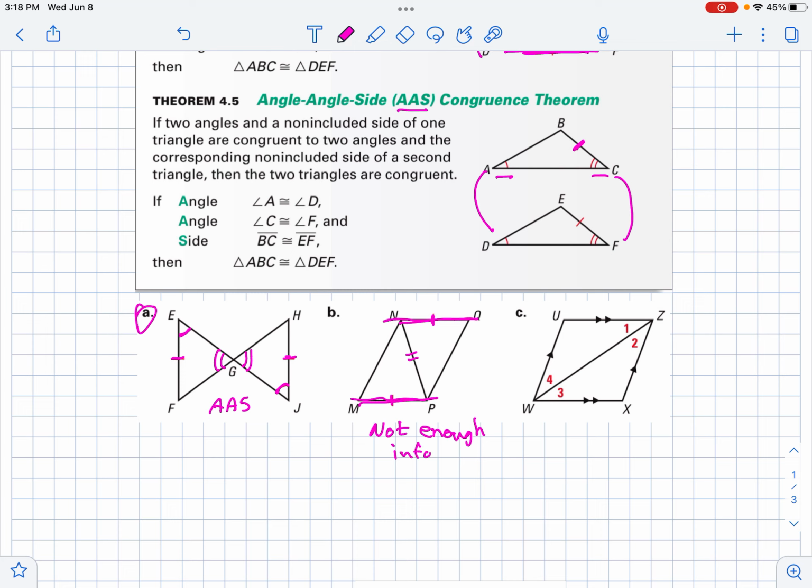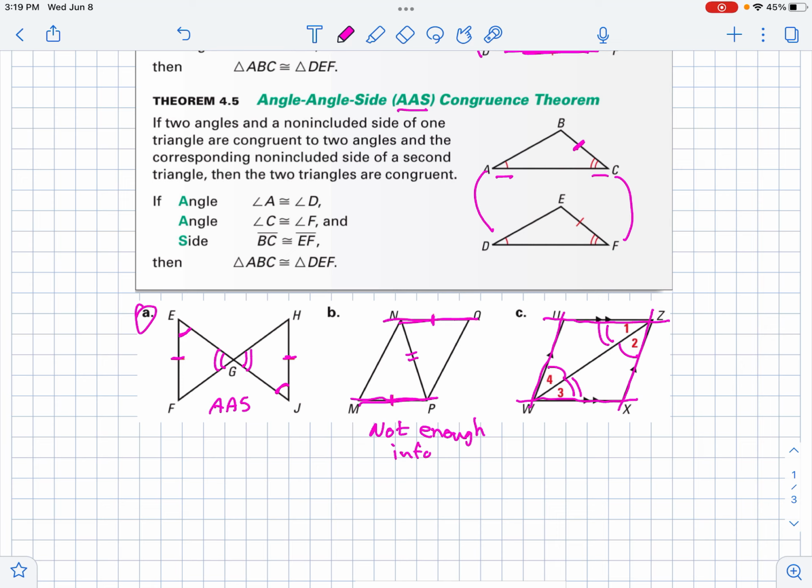Okay, now let's look at this next one. On this one, these appear to be parallel. These are parallel and these are parallel. So right away, notice what we have. This angle here and this angle are congruent, and angle 1 and angle 3 are congruent, because of alternate interior angles.